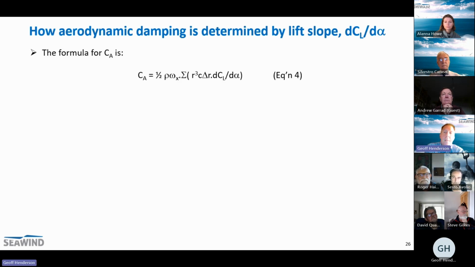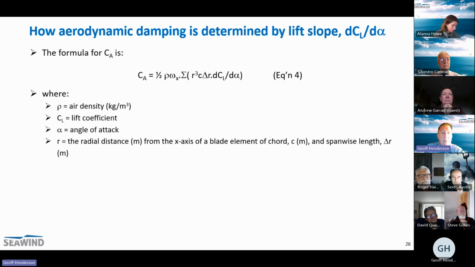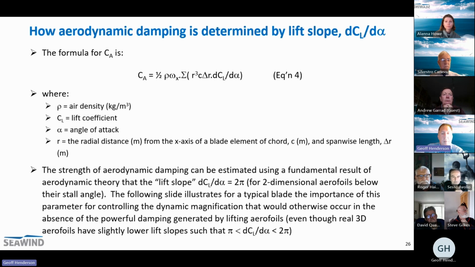And damping depends on the lift slope, dCL/d alpha. That's the formula there. We've got air density, lift coefficient, angle of attack, and the blade geometry, basically radial distance, chord, and spanwise length coming into it.